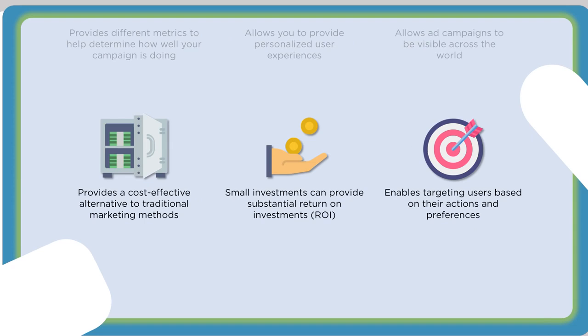Some other experiences or uses for digital marketing, again, it provides a cost-effective alternative to traditional marketing. So, for those that are familiar with purchasing advertising on, say, TV or radio, you have to pick a spot. You have to pick a program and then pick a time slot associated with that program.